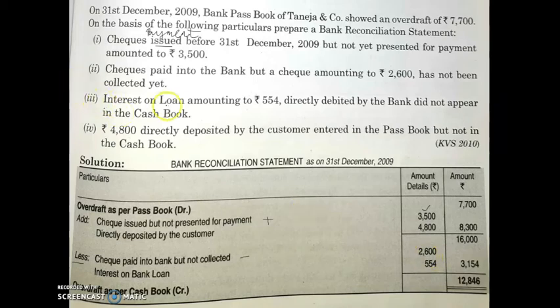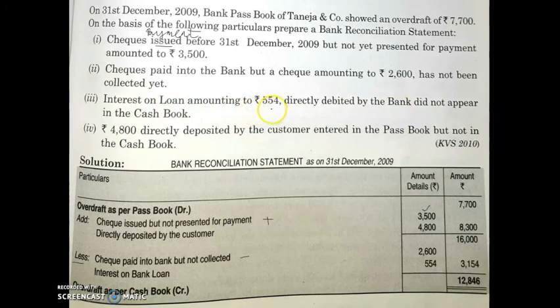Now the next one is interest on loan amounting to rupees 554 directly debited by the bank, did not appear in the cash book. So interest on loan amounting to rupees 554 has been directly debited by the bank. Debiting the account means they have taken that interest from you.